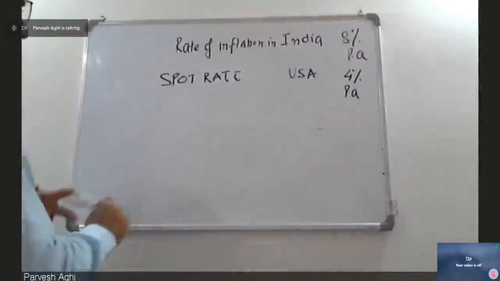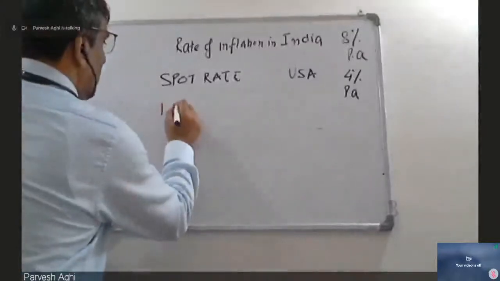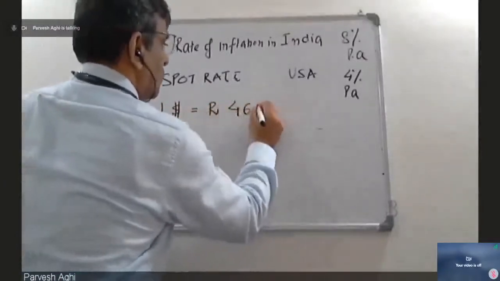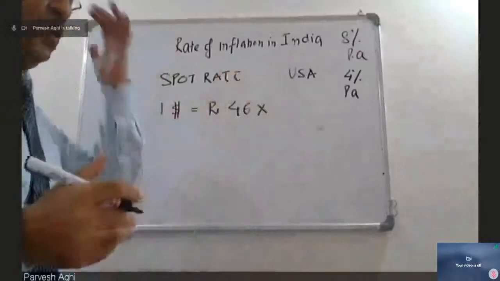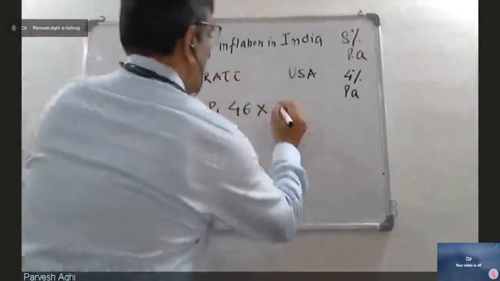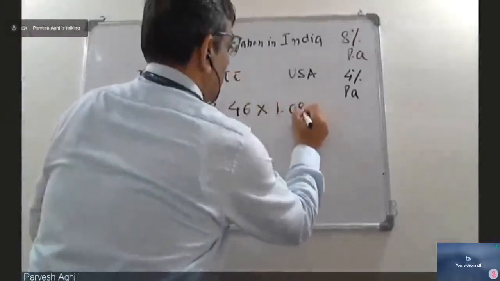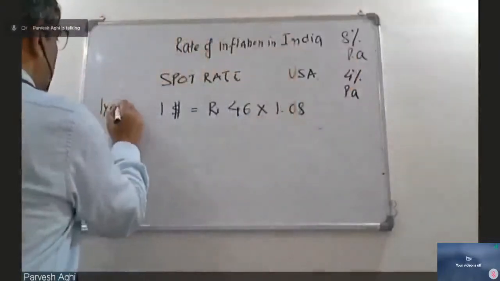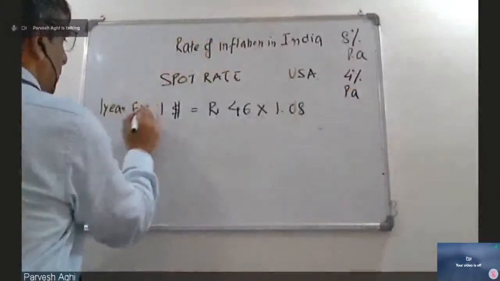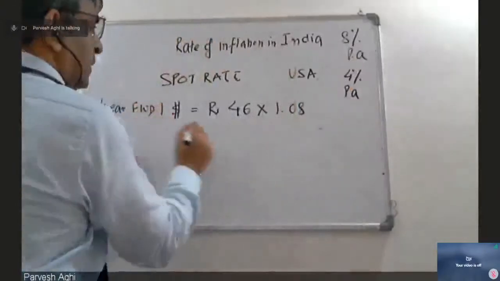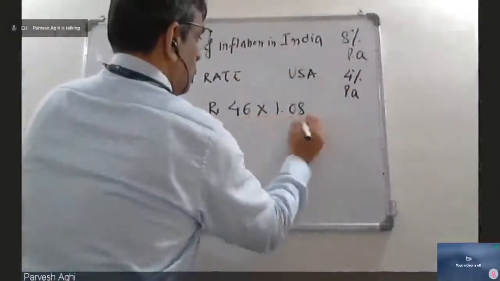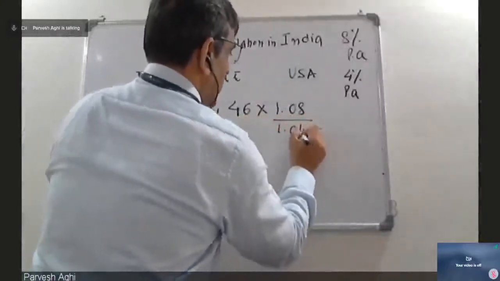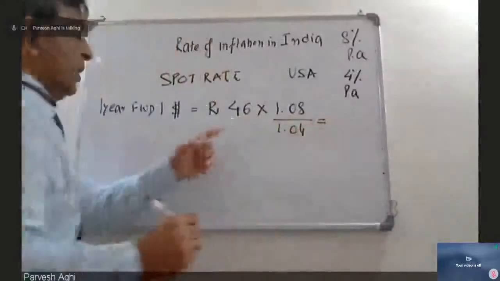We know that the current spot rate is rupees 46. We will use the same formula which we use for interest parity theory. 1.08, now this is per annum, so this is going to be the 1 year rate. The 1 year forward rate will be 46 into 1.08 divided by 1.04.